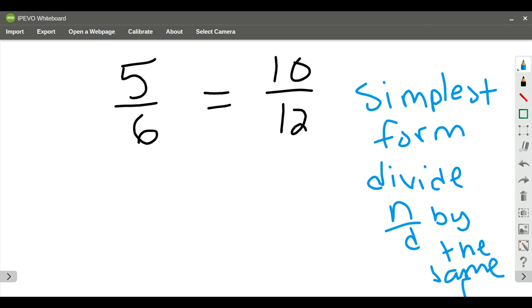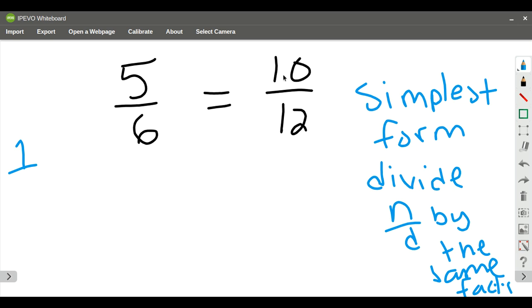So I'm getting it to where it is the smallest possible value. So these are still an equivalent fraction, but the smallest possible value. So if I take a look at 5 and 6, the only common factor that they have is 1. 1 is the only common factor. So this is already in simplest form.